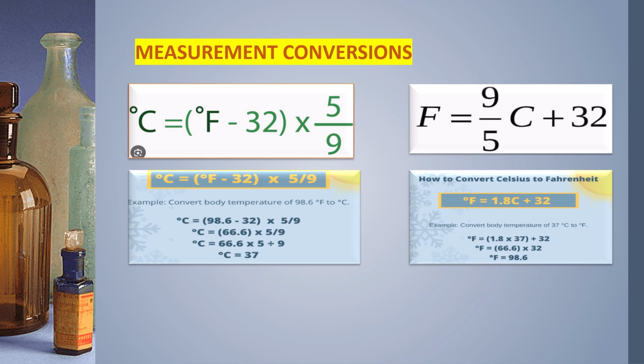How will you convert? This is the formula. 98.6 Fahrenheit would mean, after the calculation, 37 degrees C. And similarly, if you want to make Celsius into Fahrenheit, it is 1.8 C. How did I get 1.8? 9 divided by 5 gives you 1.8, times C, plus 32. So a similar calculation has been shown to you.